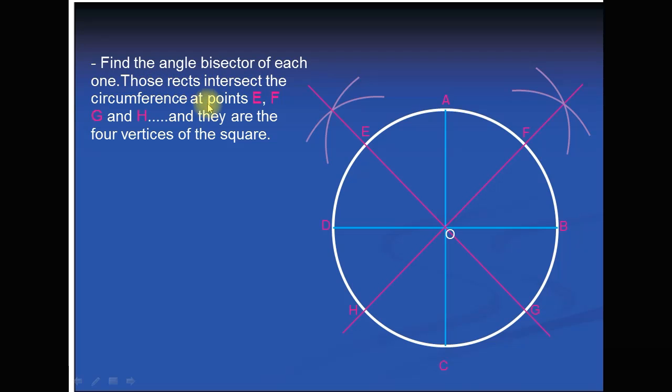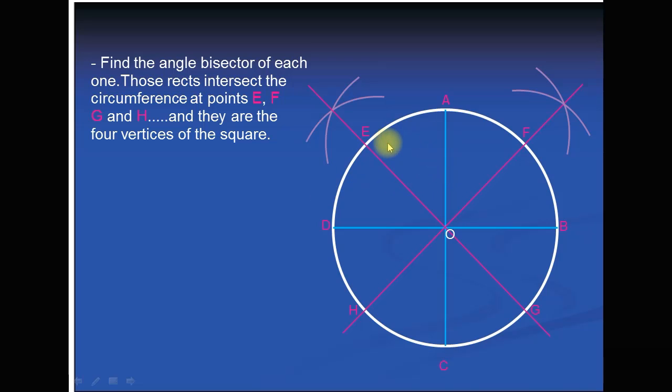After drawing these angle bisectors, you will see these rays intersect the circumference at points E, F, G and H. All these angle bisectors touch the circle at the points E, F, G and H, and actually all these 4 points are the vertices of the square.